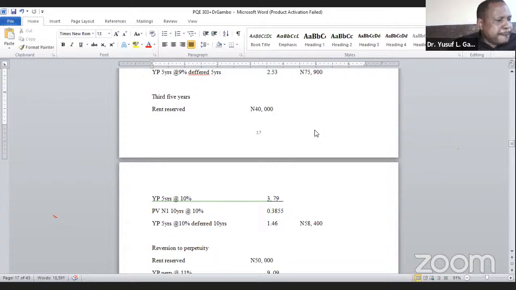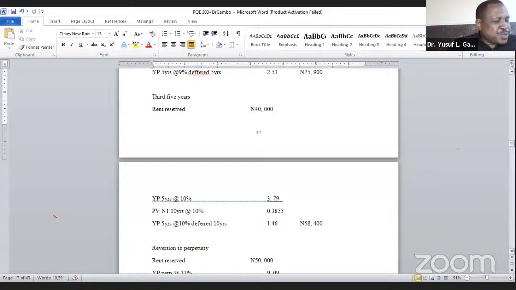Now, rent reserve is 40,000 naira. If you like, you put YP deferred 5 years at 8%, at 10%, and 10 years. You have 1.46. That's why I say the same YP, 5 years, and PV. When you plan them, they will give you YP deferred. It's the same thing. So you have 58,400 there.